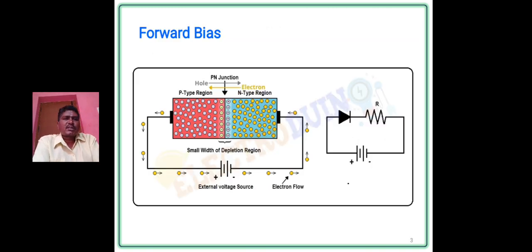Next we discuss about the working principle. Here the PN junction diode normally works in two conditions. First one is forward bias, next one is reverse bias.